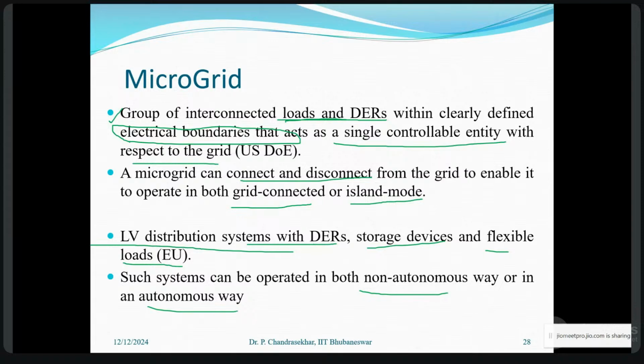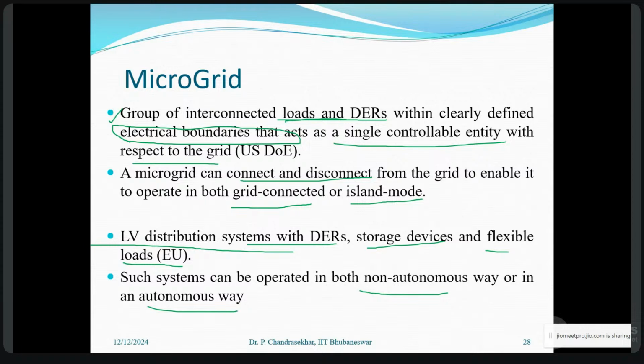Exactly. So what is the difference between autonomous and non-autonomous? Many of us here are academicians, so we can understand this concept very easily. Non-autonomous means affiliated.